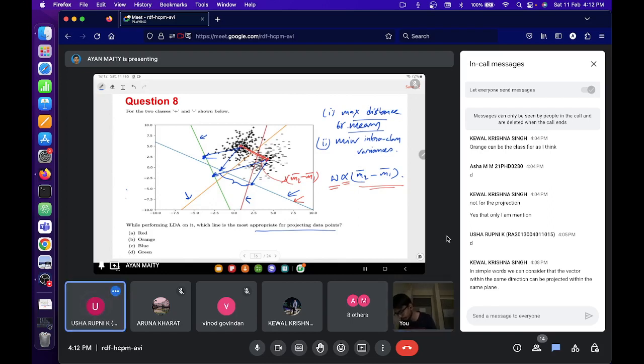And in case of negative, the mean would be at the center of all the negative points. So this is the mean positive, where I have written m plus, and this is the mean negative, isn't it? All these points are positive, and these are all negative points.